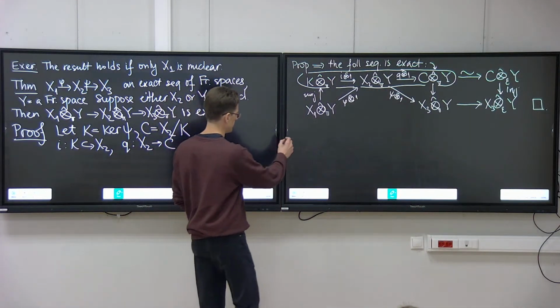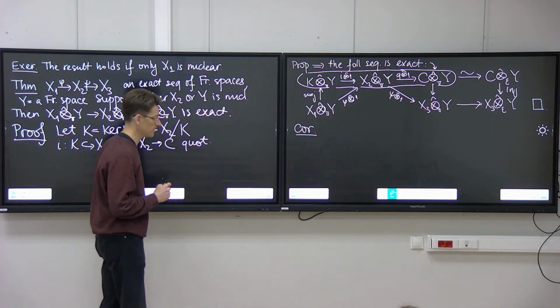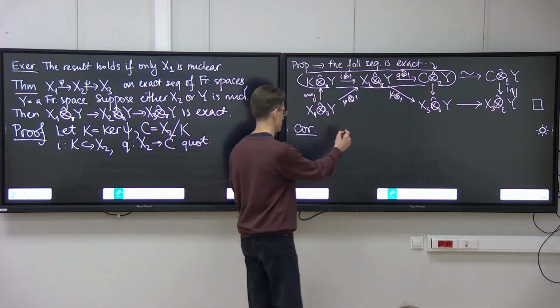Okay, so as a corollary, we see that the projective tensor product preserves kernels on the category of nuclear Fisher spaces.